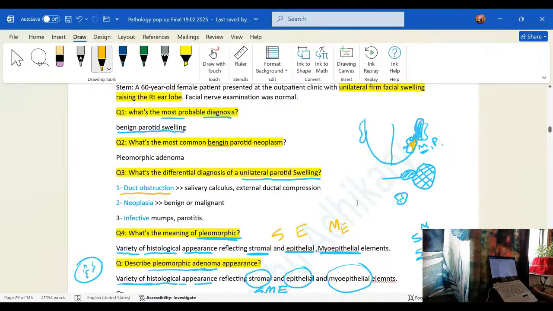What is the meaning of pleomorphic? A variety of histological appearance. Describe the pleomorphic adenoma appearance.